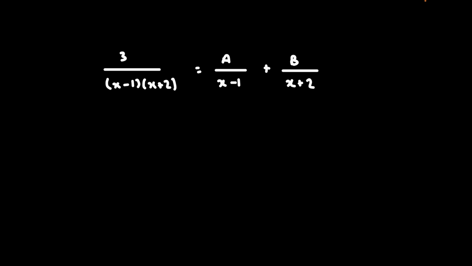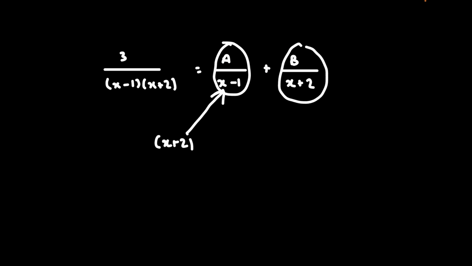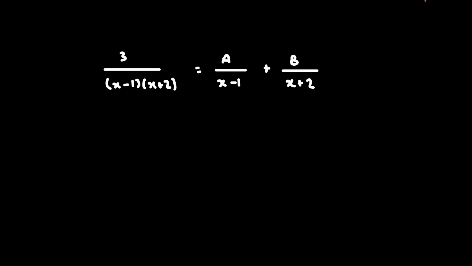The way I'm going to do that, I'm going to look at this first fraction and times both the numerator and the denominator by x plus 2. And for this fraction, I'm going to times both the numerator and the denominator by x take 1. That way we can have two fractions with the exact same denominator. So this I'm going to times by x plus 2, and on the bottom we just need to times it by x plus 2.